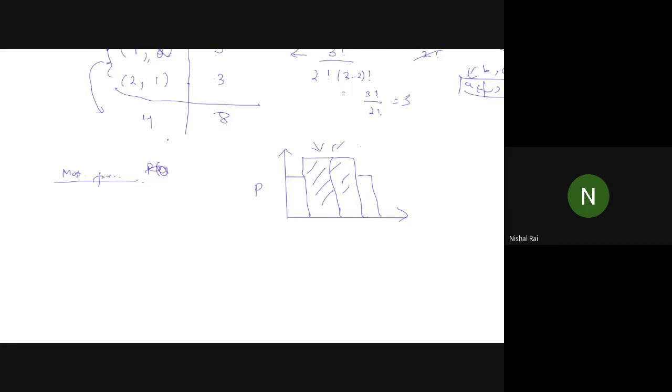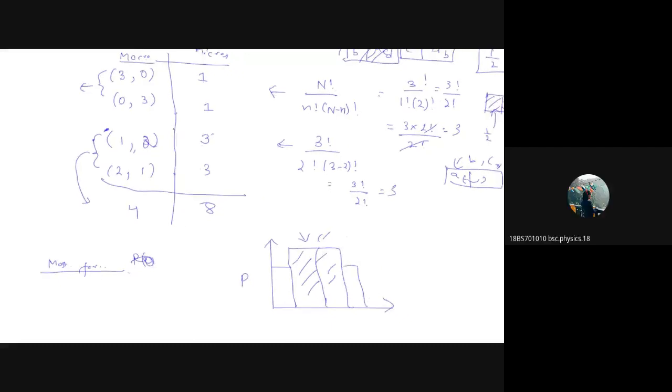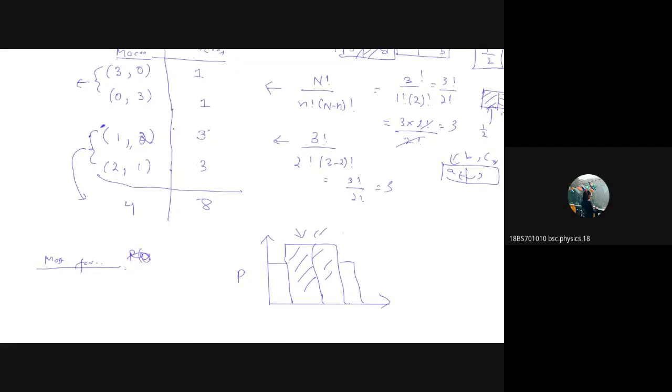Now let's move on to your second question. So what was your question? The probability of three particles being in one of the boxes, one cell. Then this is basically these two, it could be 3, 0 or 0, 3.